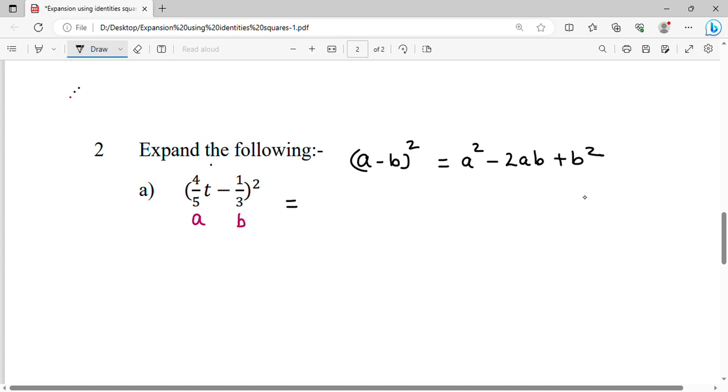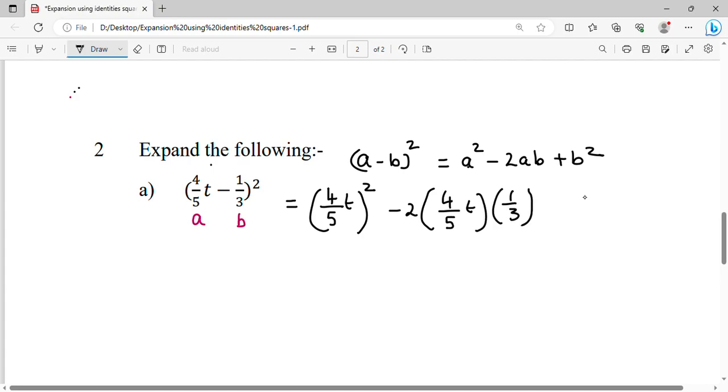replace in the formula a squared, but your a is 4 by 5 t, so it's 4 by 5 t the whole squared, minus 2 multiplied by 4 by 5 t, and b is 1/3, plus you will get 1 by 3 the whole square.